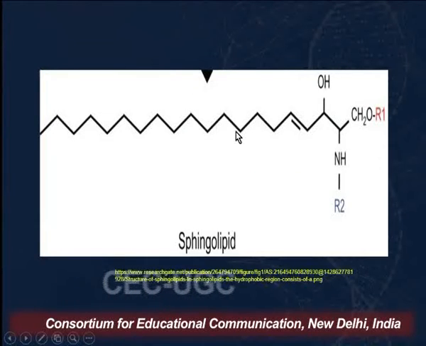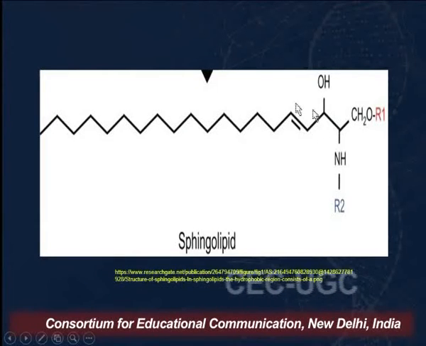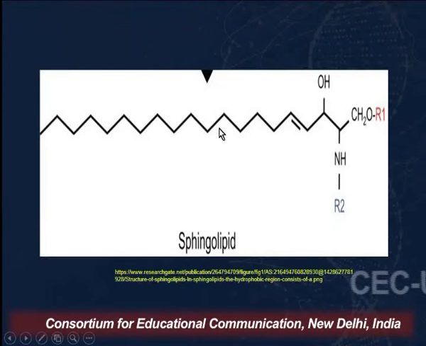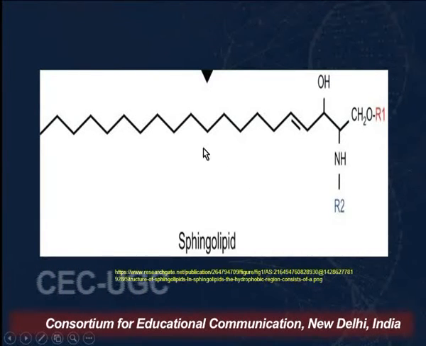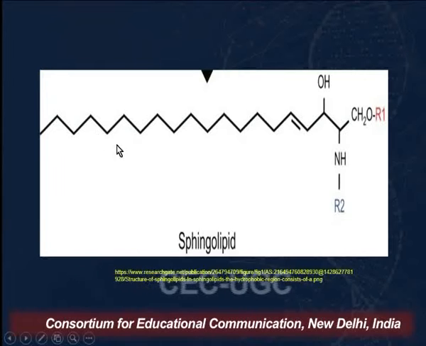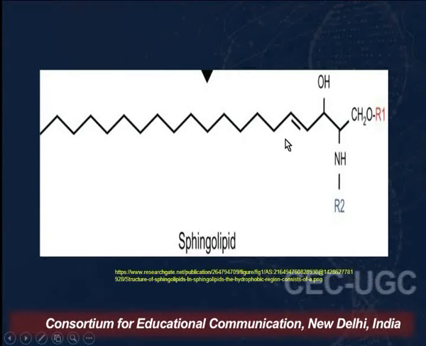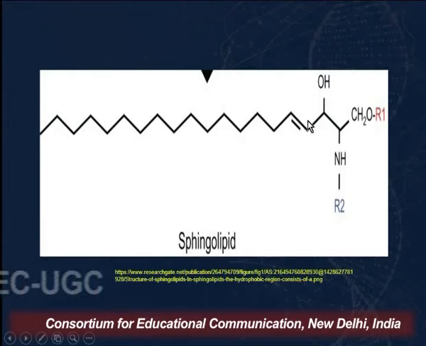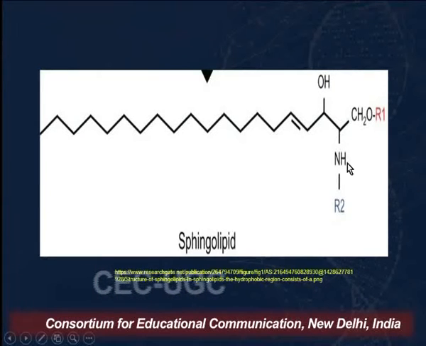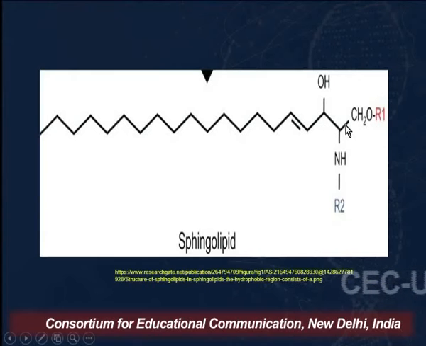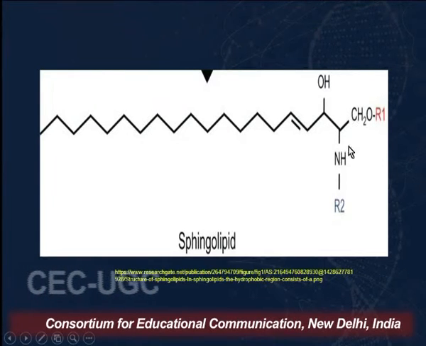So now here I have shown you the general structure of a sphingolipid. This is the long hydrocarbon chain which is unsaturated, and we'll have an acyl group here, and then we have a hydroxyl group which is not taking part in the reaction. And then we have here the long chain hydrocarbon, and here you have an acyl group. This is the one where we are getting an amide linkage.